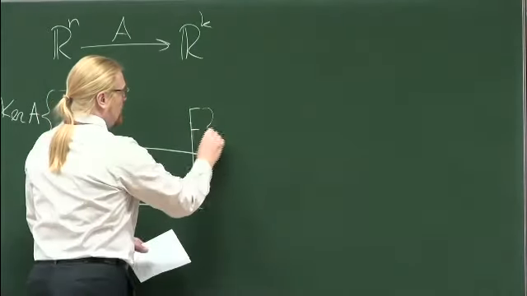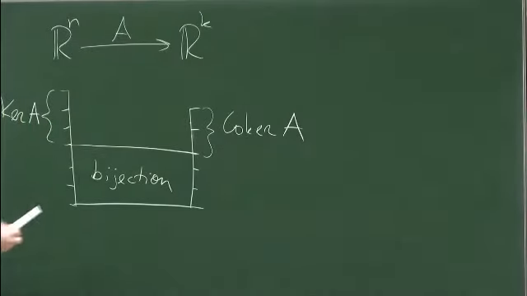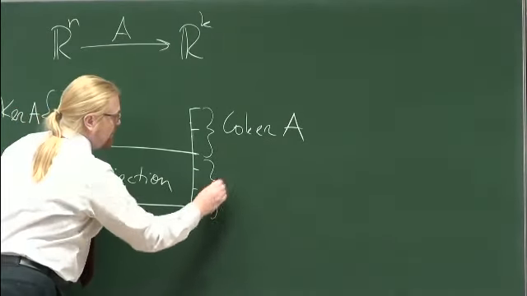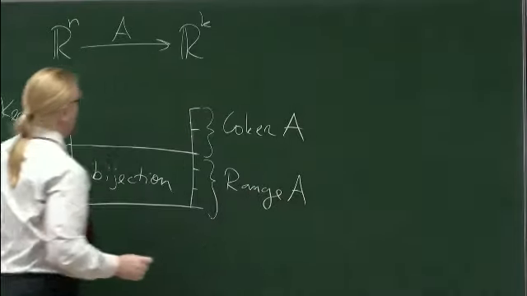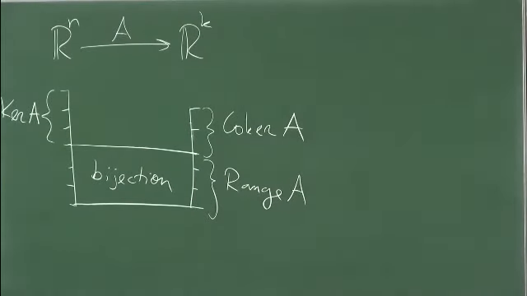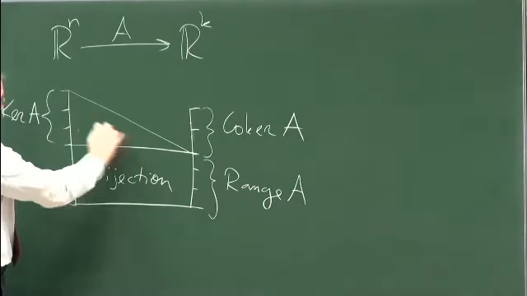This is the so-called co-kernel of A. And this is the range space of A. These are all linear subspaces of the Euclidean spaces in question. And so this part here is kind of mapped into nothing. This is just mapped to 0.